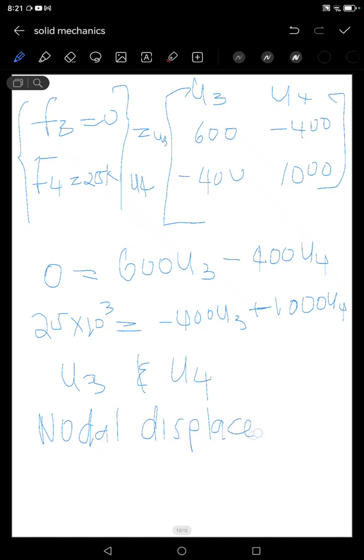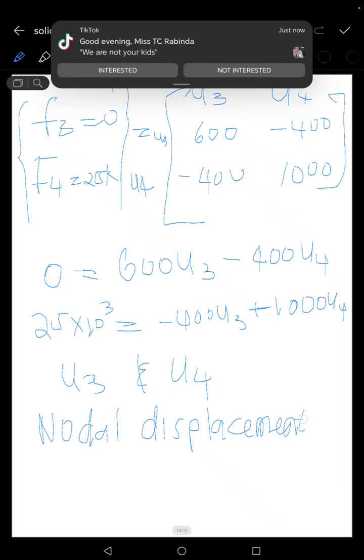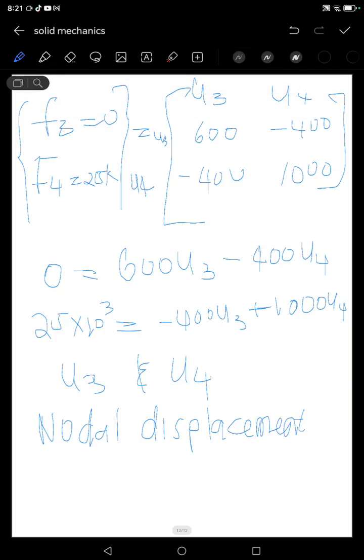So in the question, they will ask you number B, maybe because number A will ask us to determine the global stiffness. Number B will ask you to determine the nodal displacement at node 3 and 4, which means we're going to look for U3 and U4. That's how we do it.